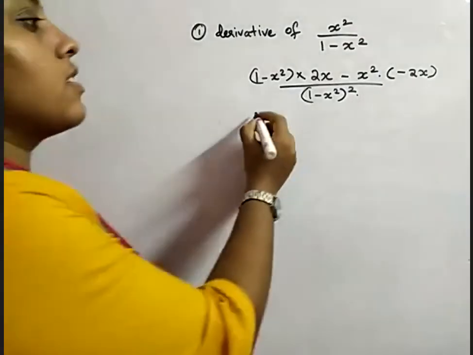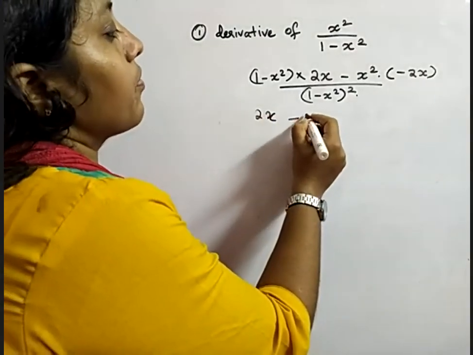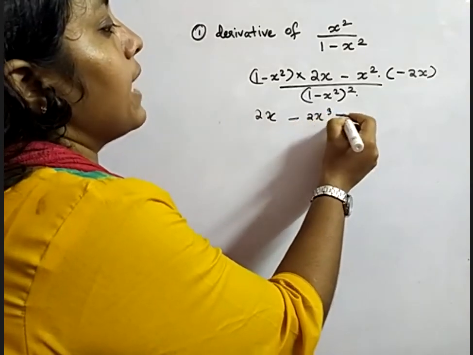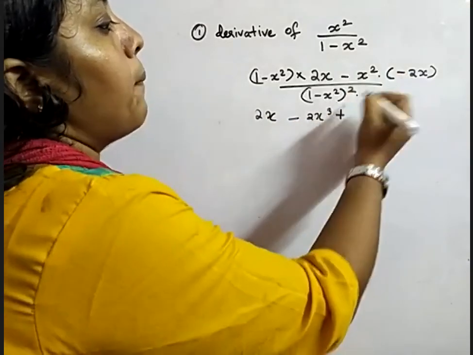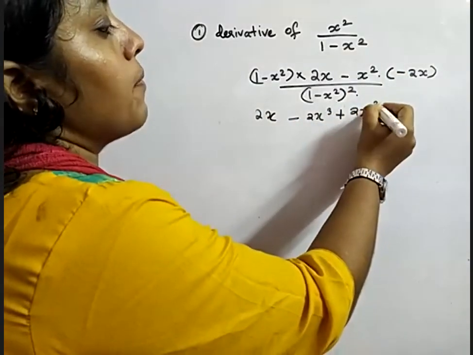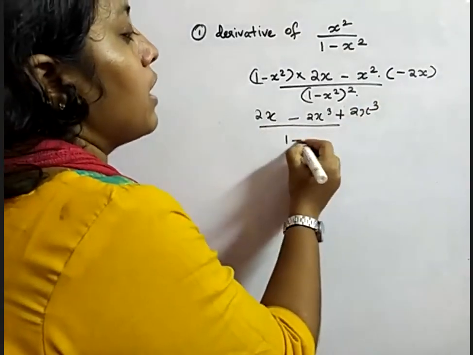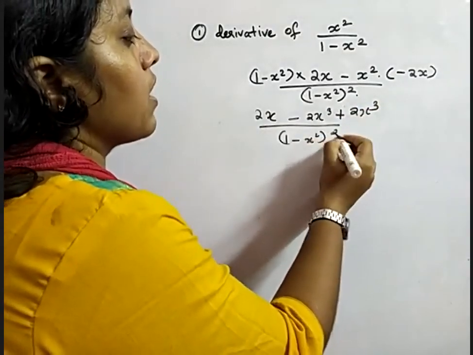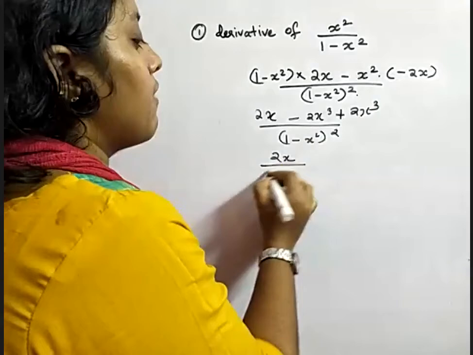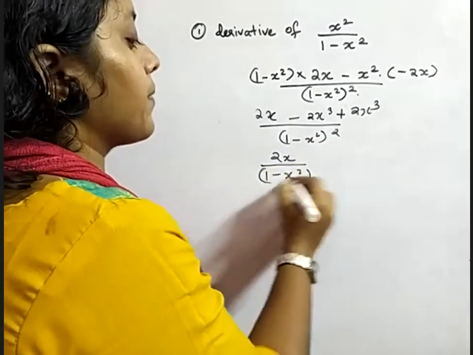So just solve this: 2x minus 2x cube, plus 2x cube will come, divided by 1 minus x square the whole square. So 2x by 1 minus x square the whole square.